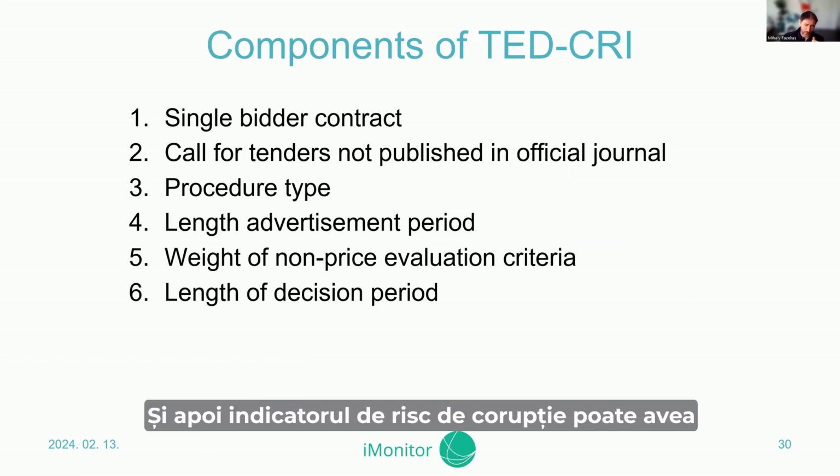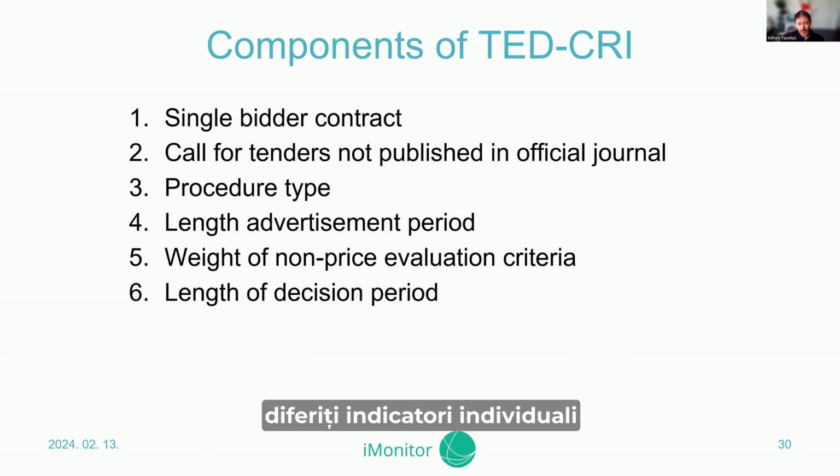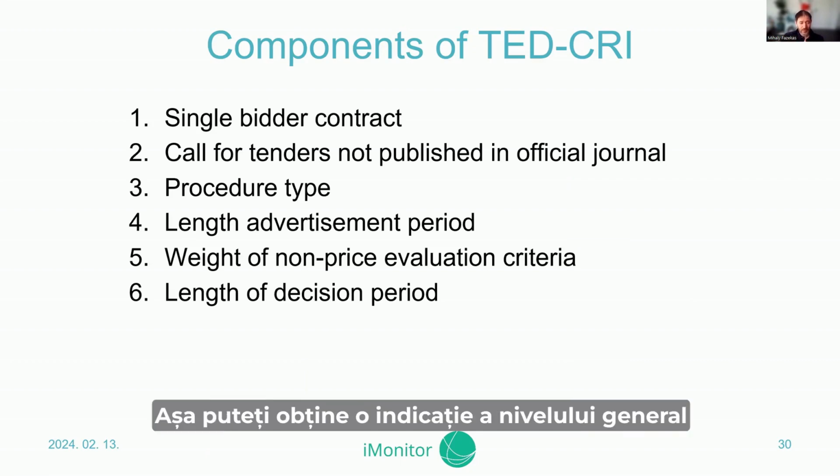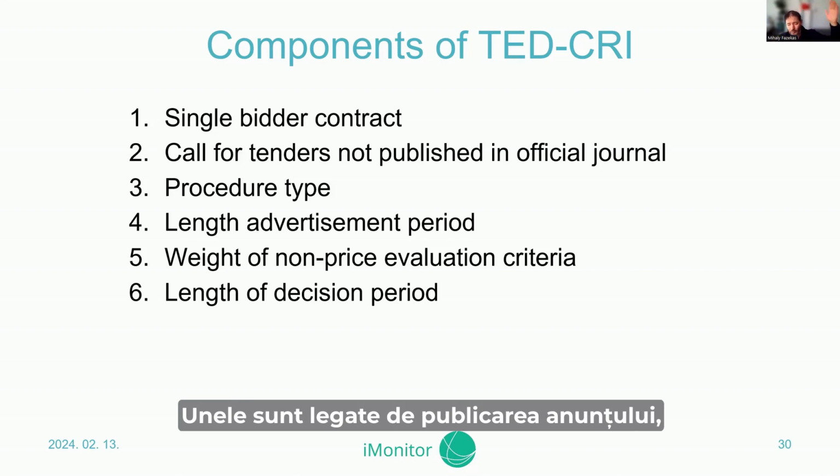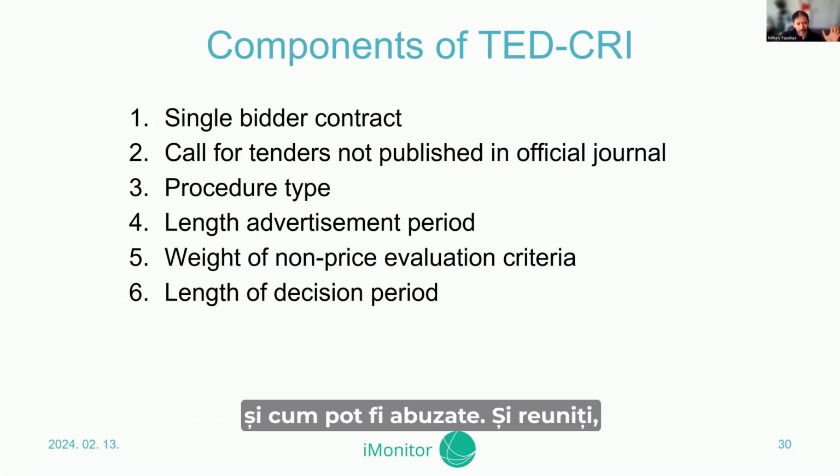Okay, and then the corruption risk indicator can have various individual indicators pulled together into a single score. Then you can get an indication of the overall level of risk following different techniques. Some is linked to advertisement, some linked to procedure types, some linked to scoring rules and how they can be abused, and pulled together they can give you a general robust view of corruption risk.